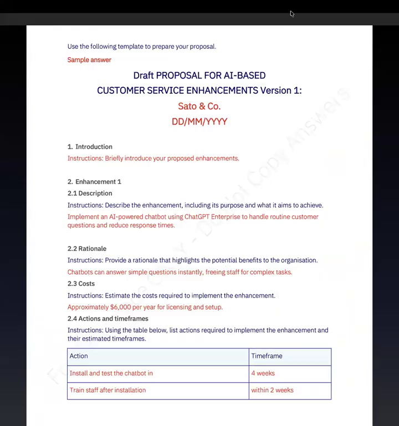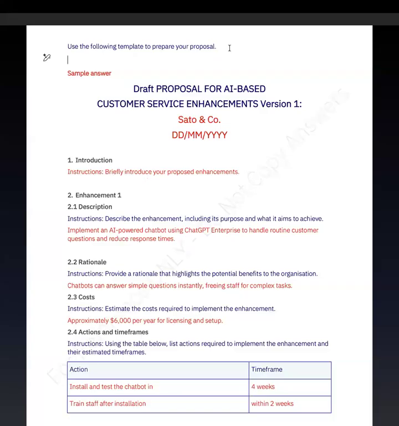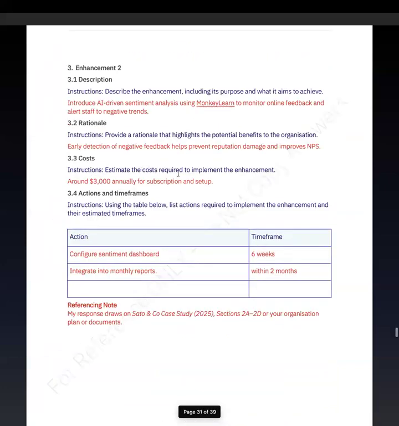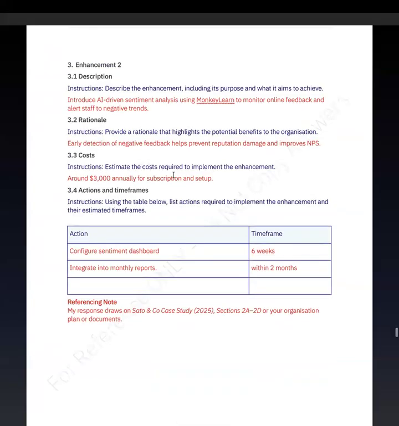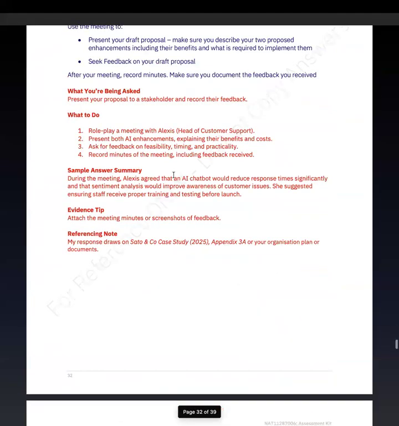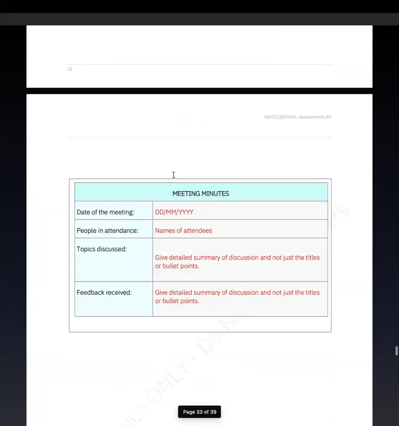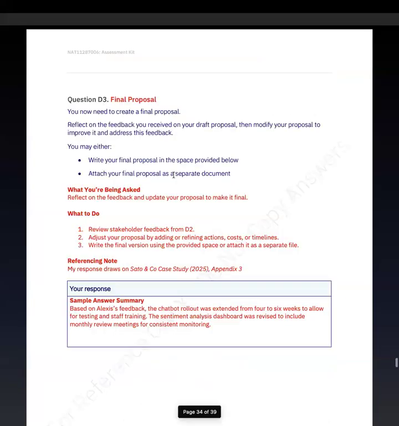So you have to simply add a note over here that I am not using this particular template, and please find attached detailed proposal with the file name clearly mentioned. So in that scenario, instead of using this particular template, you're using your own document. And similarly, you will have to add two separate versions, the draft proposal version and the final proposal version. Okay, so hopefully it's very, very clear.